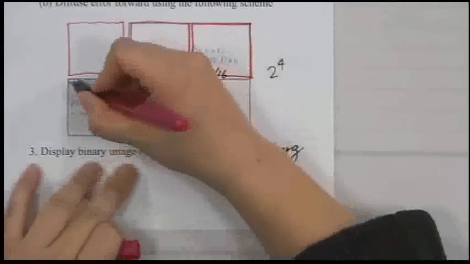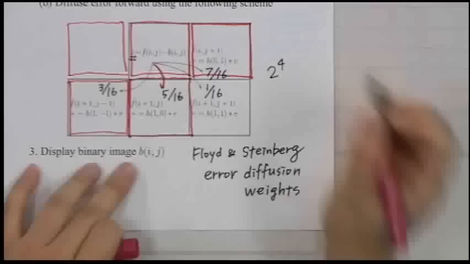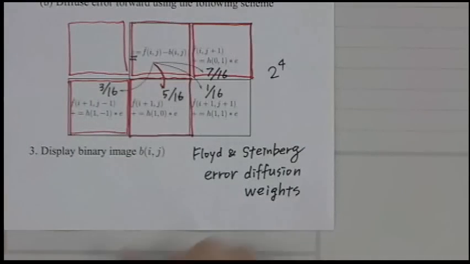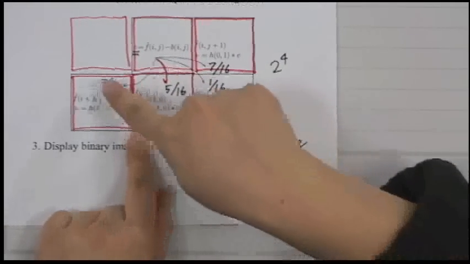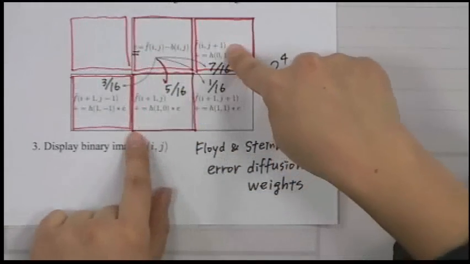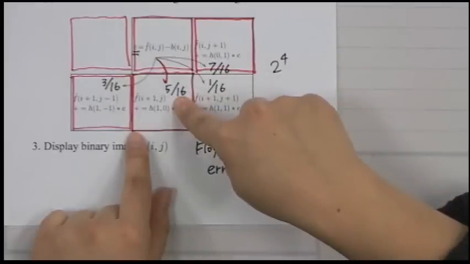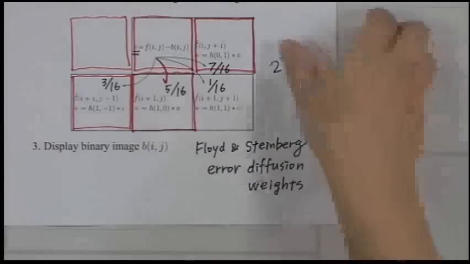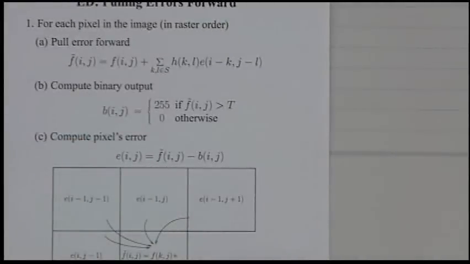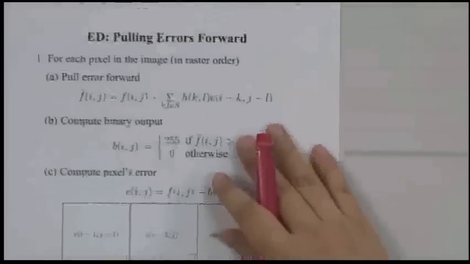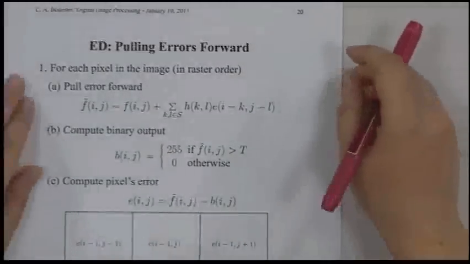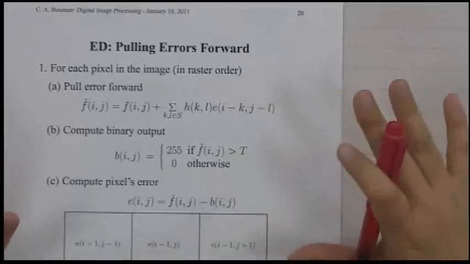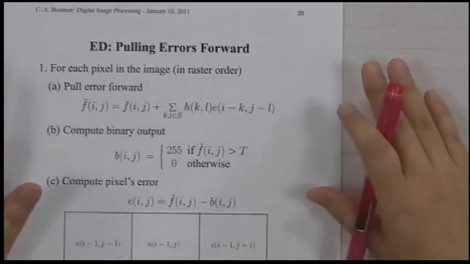Yes. How about this person? Yes. So from the point of view of this receiver, these are the pixels which give error to him. Okay, this point of view is called the pooling errors forward view. We are talking about exactly the same thing but just a different view.